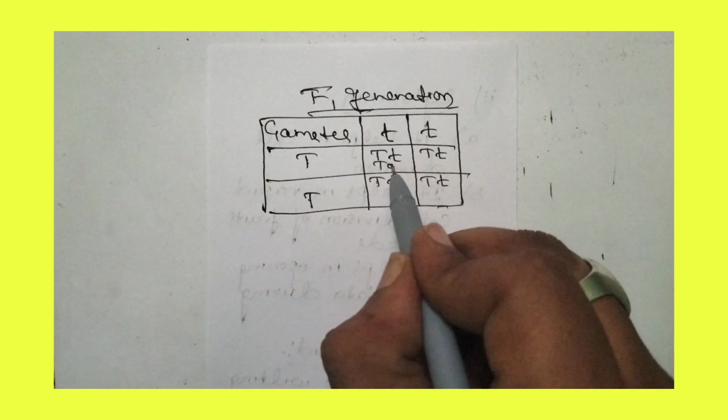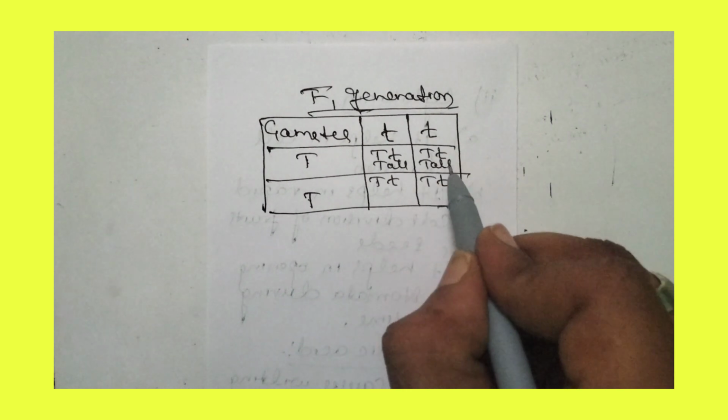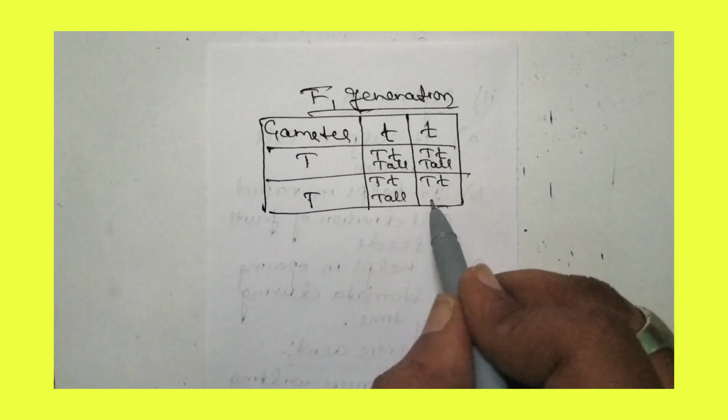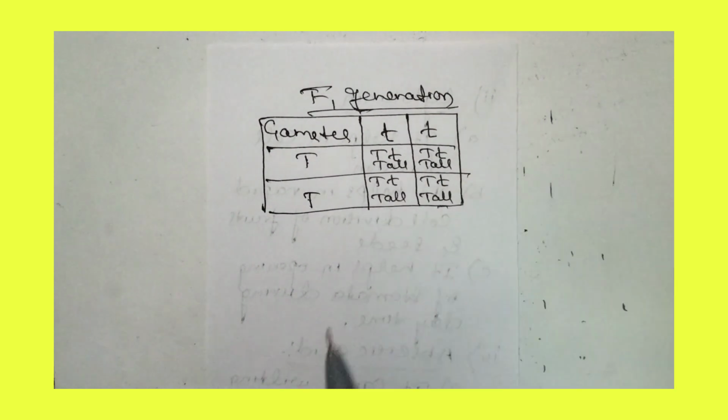So all the offspring will grow as tall plants.